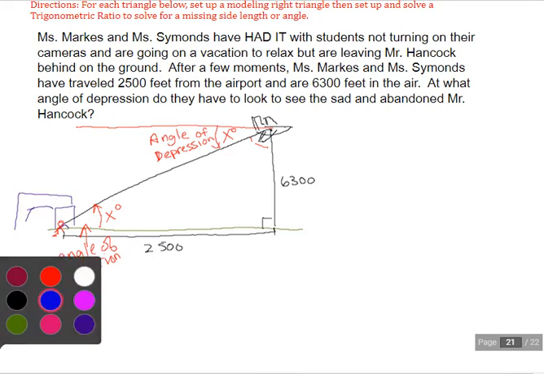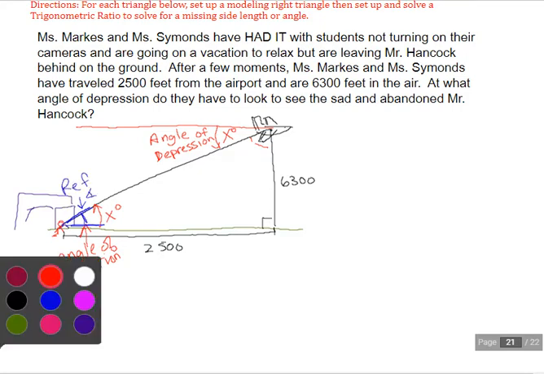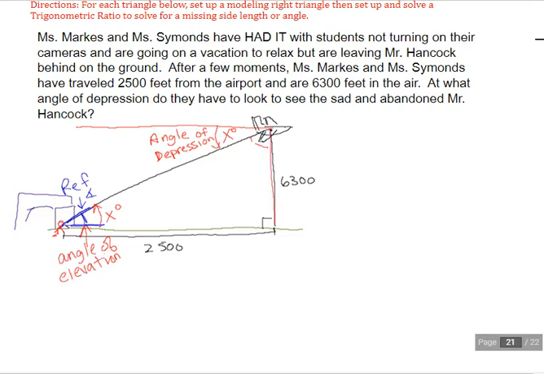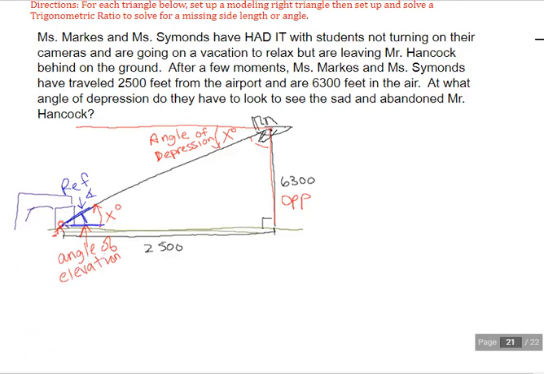If I use x as my reference angle, we have 6,300, which is our opposite. Okay, and we also have this distance along the ground, 2,500, which is our adjacent.